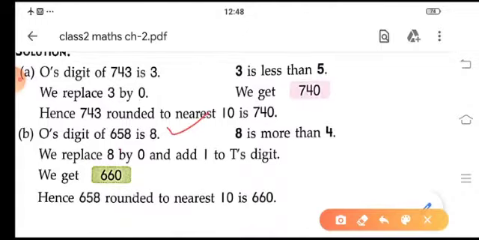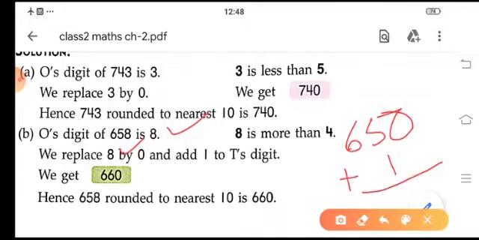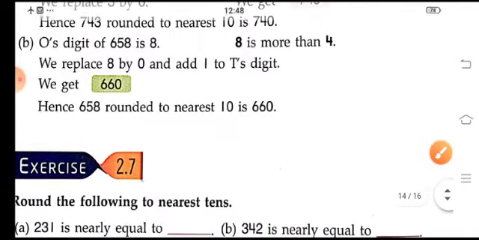We replace 8 by 0 because it is greater than 5. 8 is replaced by 0 and then we add 1 to the tens place. So what do we get here? 6 plus 1, 660. So this is how we do the rounding of numbers.